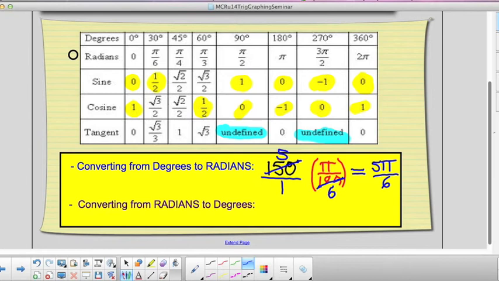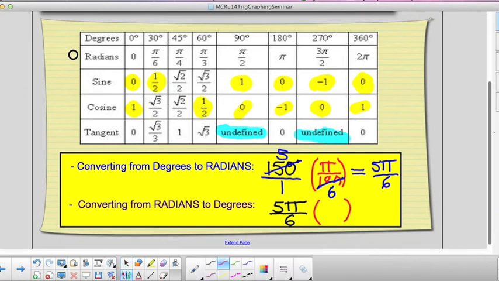If I wanted to do the opposite, so if I wanted to take 5 pi over 6, and I want to figure out how much that is in terms of degrees, well, you can just do 5 times 180 divided by 6, and that will give you your answer. Or you can do the opposite, which would be 180.